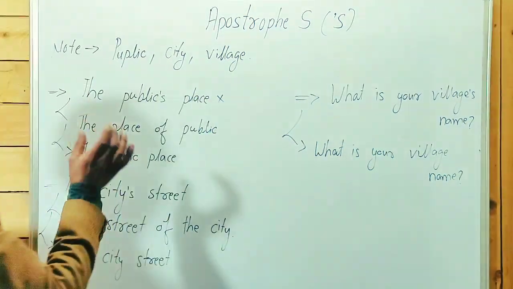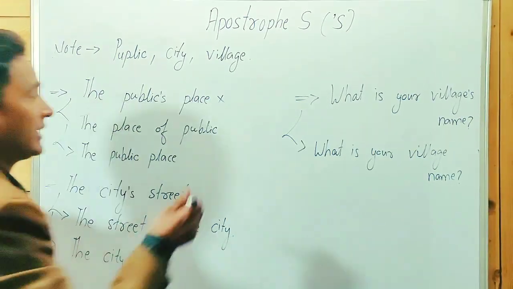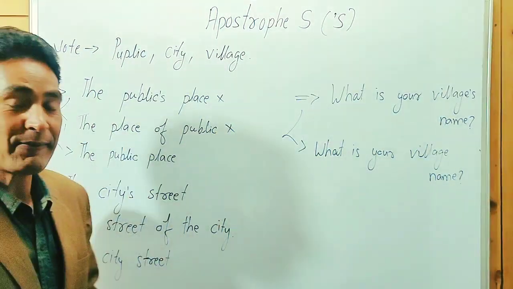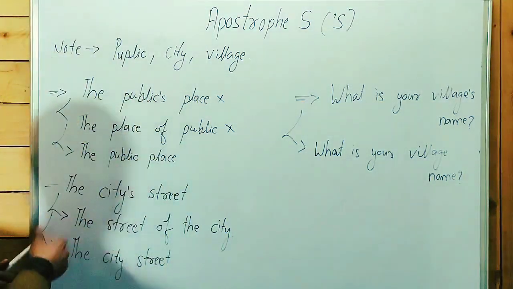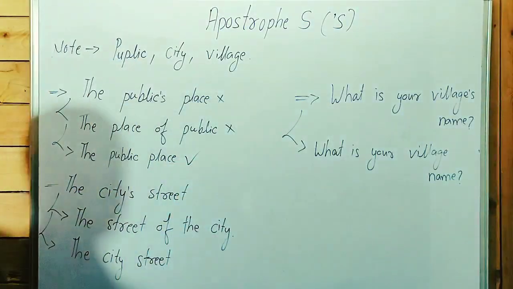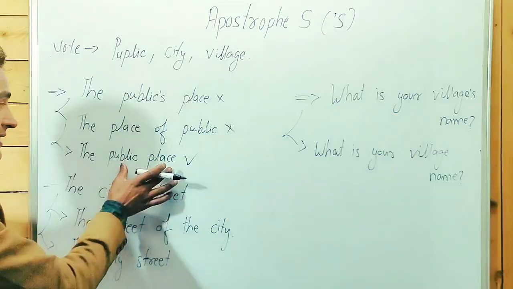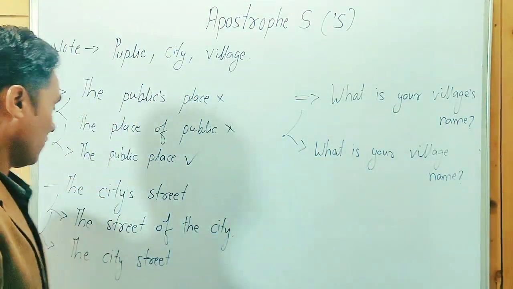No, incorrect sentence. The place of public, incorrect. We can't say this is the place of public. No, we have to say this is public place. This is the public place. Correct sentence. Neither apostrophe s structure nor of system.